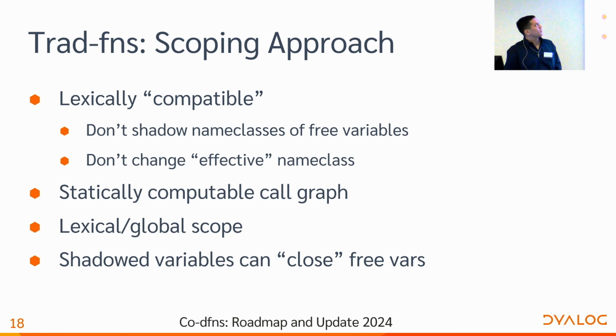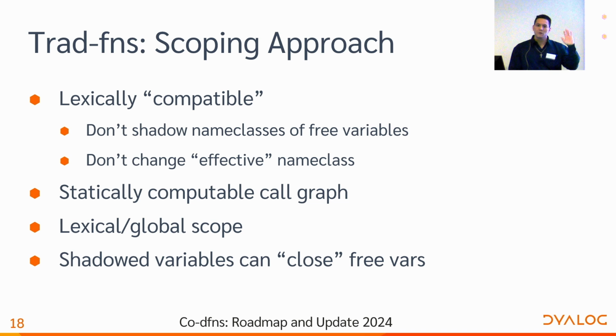So right now, the model we're looking at is what we're calling lexically compatible Trad-fns. That doesn't mean they're lexically scoped. It just means that you don't change the name class of a variable via shadowing. So if something appears at the top level, it doesn't suddenly become a totally different name class somewhere down in terms of effective name class. That means there's some leeway there.